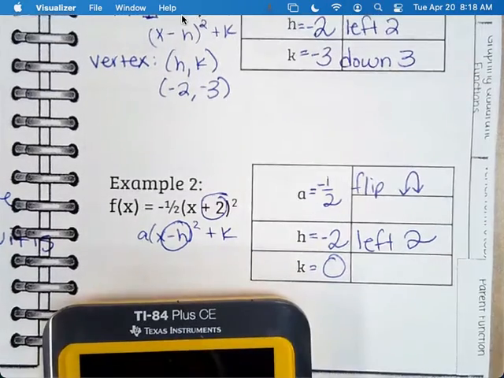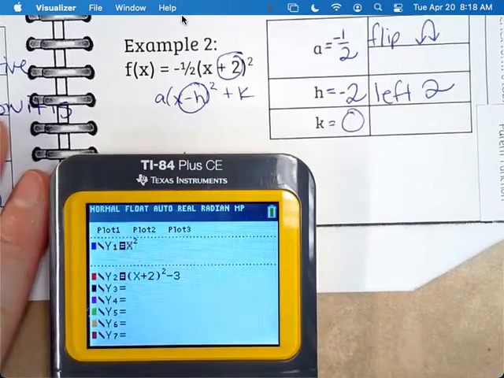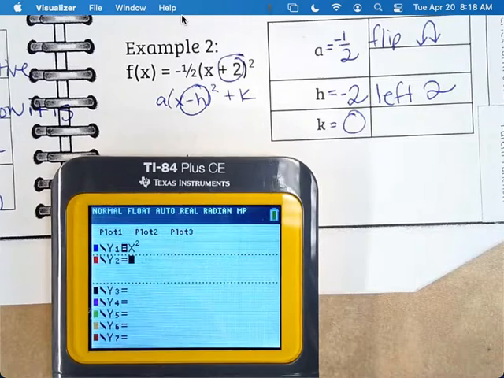All right, let's go ahead and graph it. We'll keep y equals x squared as our y1. Let's clear out the other one. Y2 is -1/2 times x plus 2 squared.